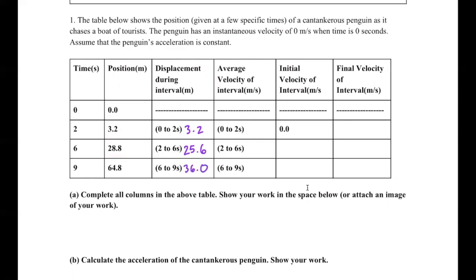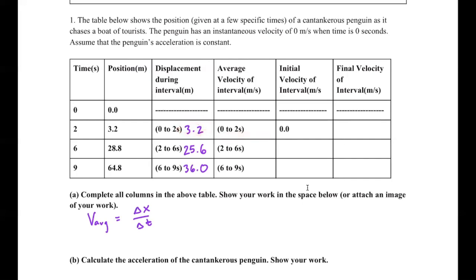Okay, the next step is to calculate the average velocity. I'll write some work below here. Average velocity is always defined as the displacement over the time, for some particular time interval. For the first one, the average velocity from 0 to 2 would be the displacement over the time interval, which is 2 seconds.